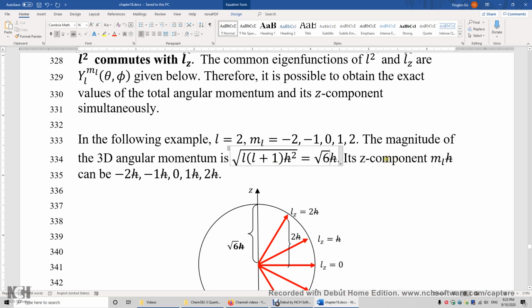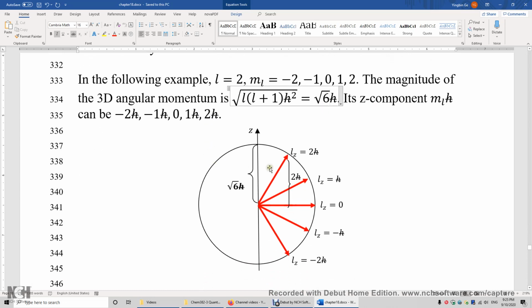What about the z component? The z component is negative 2, negative 1, 0, 1, and 2 times h bar. So there are 5 possible values for the z component. This picture will give you a better idea about the magnitude of the vector and its z component.